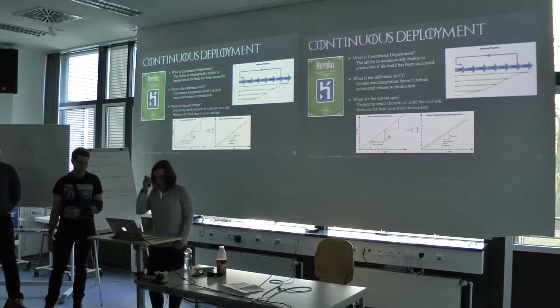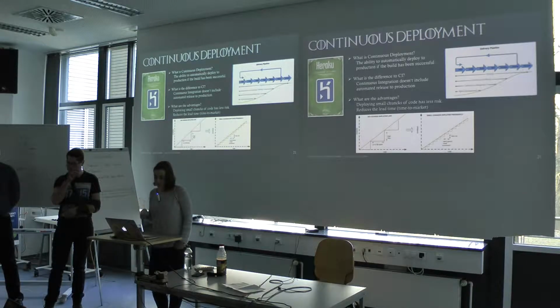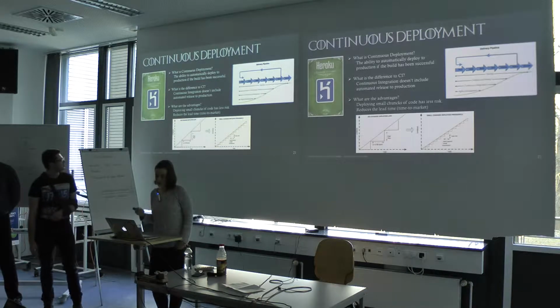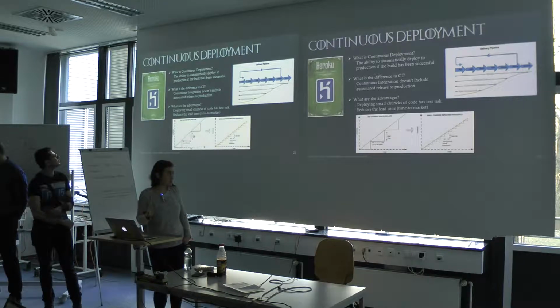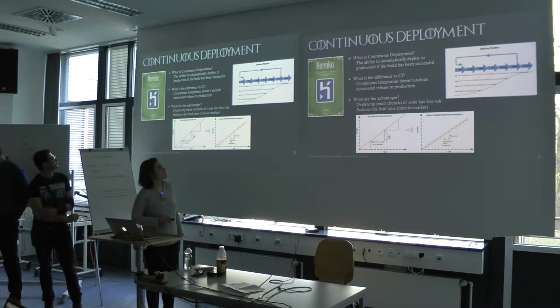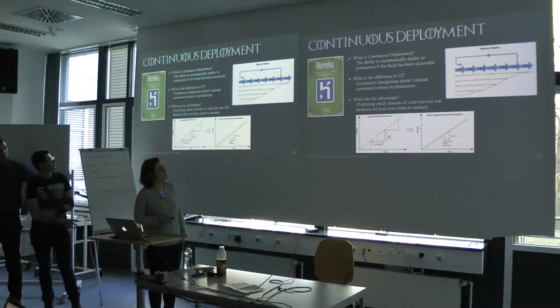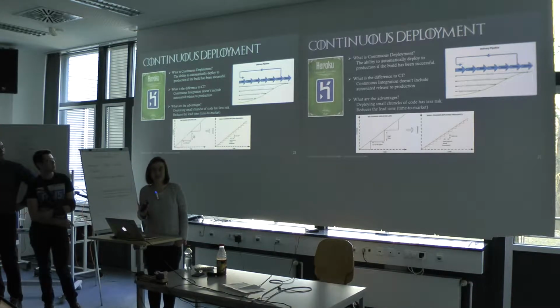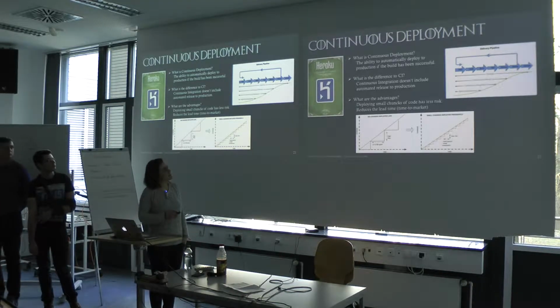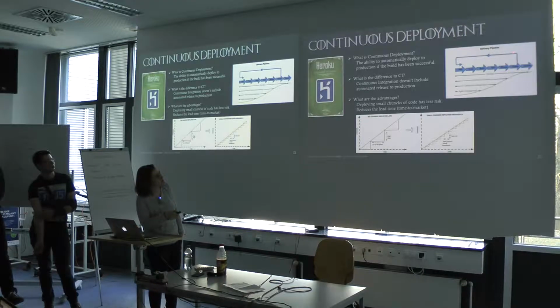The last point I'm going to talk about is continuous deployment and how it differs from continuous integration. Continuous integration, from what I've read, and I've read quite different opinions, but I like this one best, basically stops here.